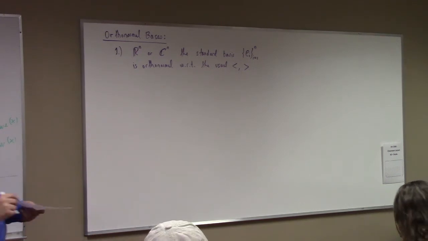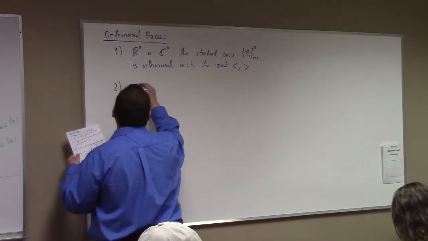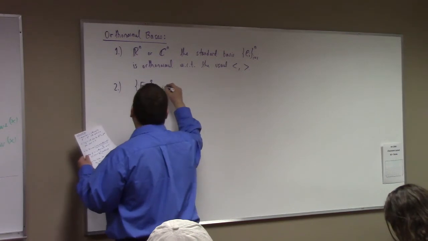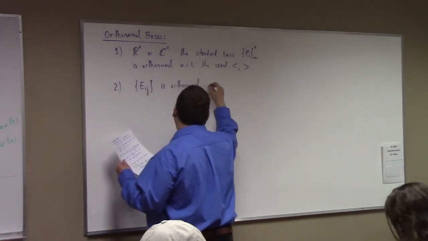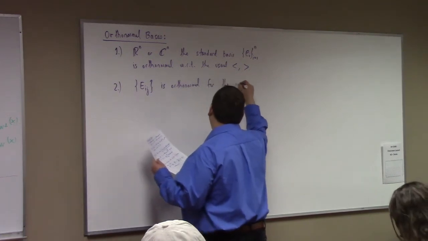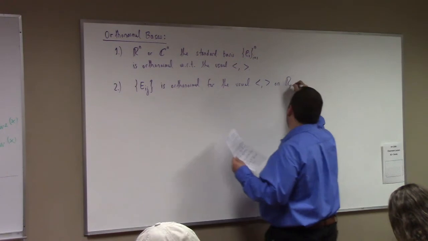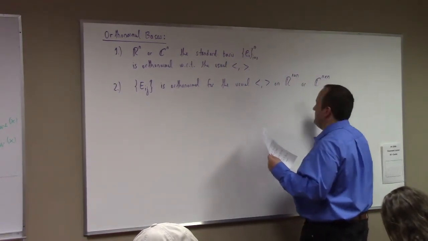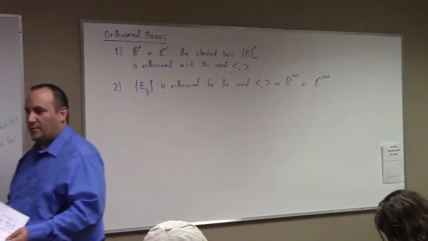Yes, remember? This is comforting. The lexicographic basis, the E_ij, is orthonormal for the usual inner product on R^(n by n) or C^(n by n). The usual matrix unit basis. That's an orthonormal basis. That's pretty nice.